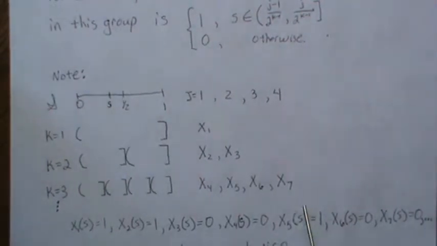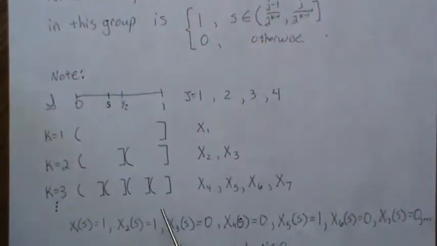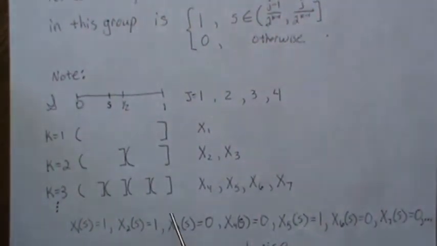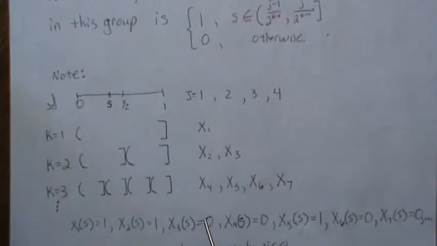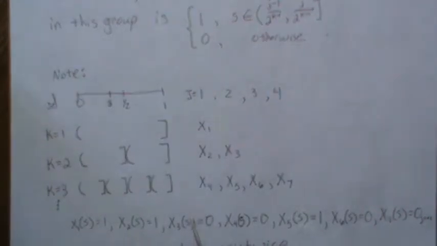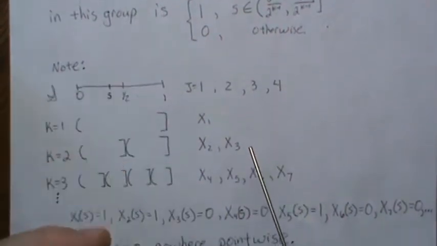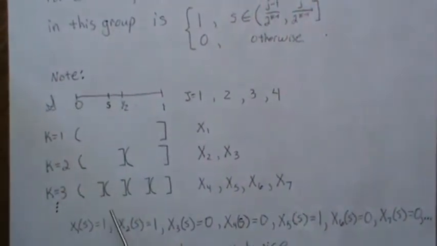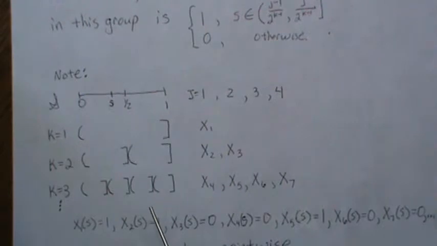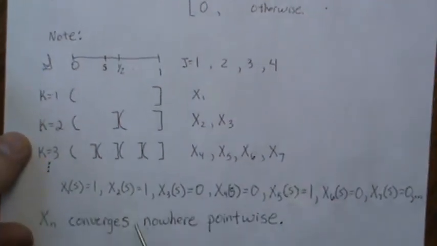But once we get to 8, we have to subdivide it more. One random variable in those next 8 will be a 1, and the rest zeros. Then we have to divide it again, and one of those random variables will be a 1 because s is in that little subinterval.